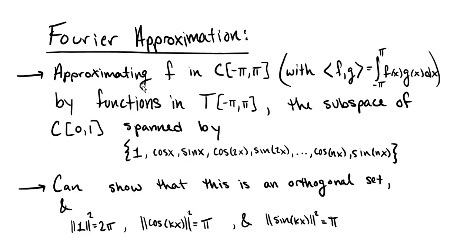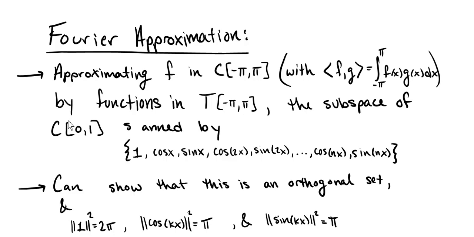This idea of Fourier approximation is approximating f, a continuous function on negative pi to pi, so that's our interval, with the usual inner product that we've been talking about, just the integral from negative pi to pi of the product of two functions.